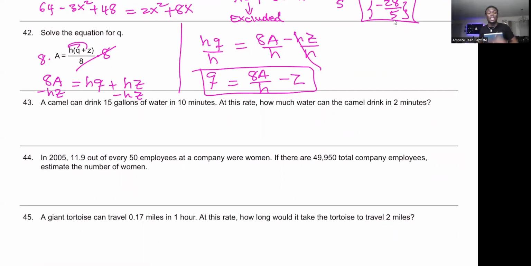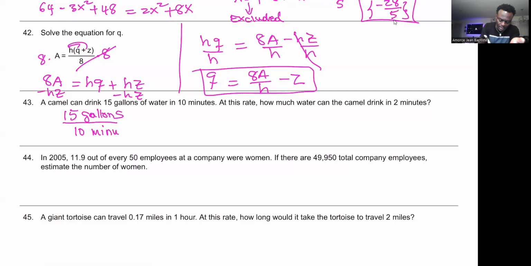We know that if the camel is drinking water for 10 minutes, it's already 15 gallons gone. Now, use this as a rate. To use it as a rate, we need to write a fraction that has this information. My first fraction, 15 gallons in 10 minutes.